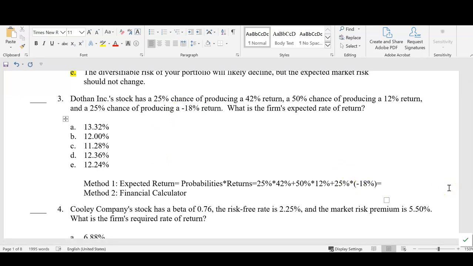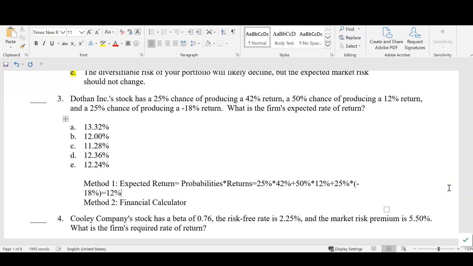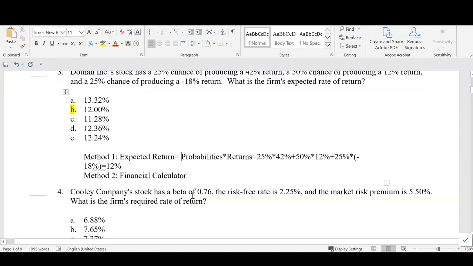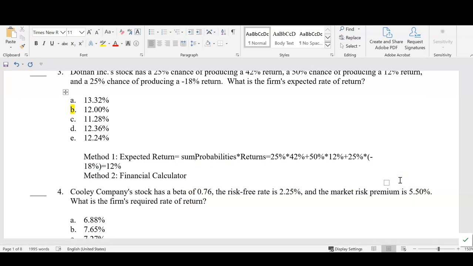That's going to give us 12%. So the right option is B. Or I should add, we should have the sum of probabilities multiplied by returns.